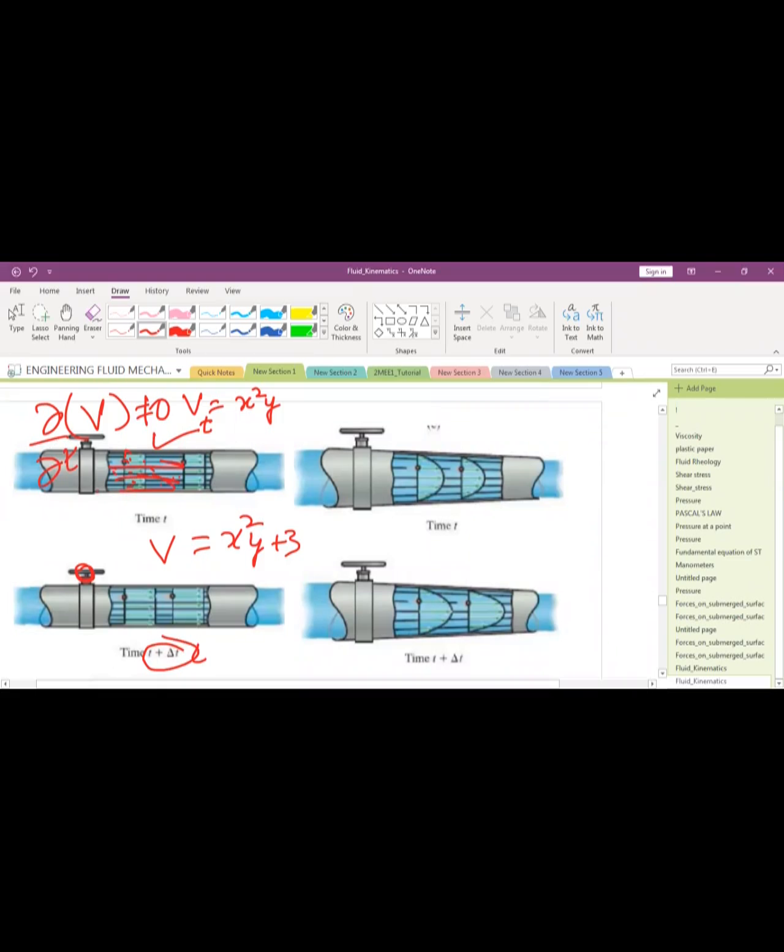And in most of the topics in the course, we are only interested in the Eulerian description of the flow. तो हम Lagrangian नहीं करेंगे. तो जब हम बोलेंगे कि ये steady flow है, it means by default I am talking with respect to the Eulerian description.